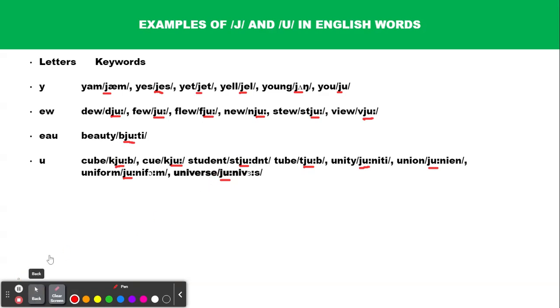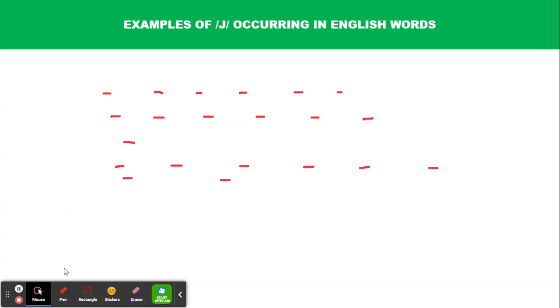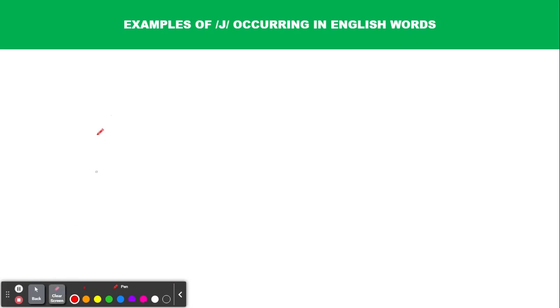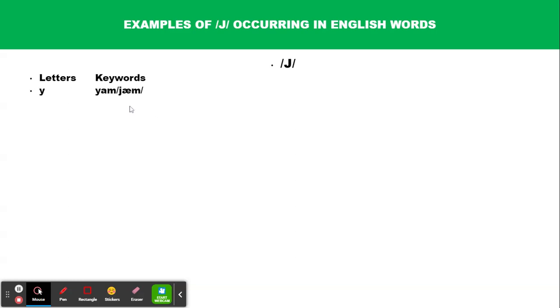Okay, so let's proceed. Now let's look at examples of J occurring in English words. We want to see J occurring in English words.